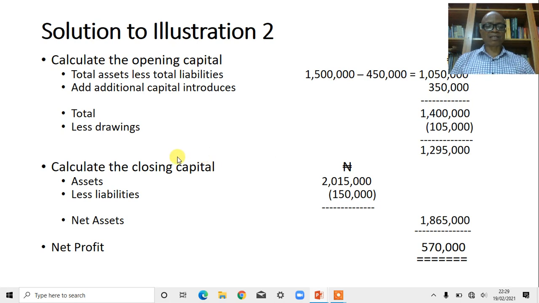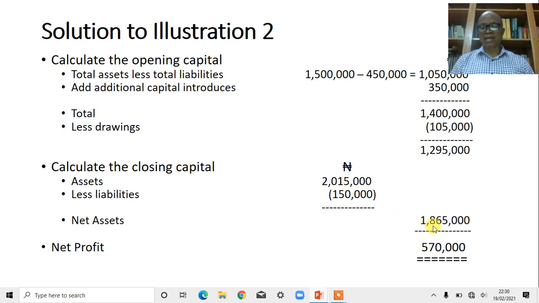Now let's begin to look at the closing capital. The closing capital is assets, and that's what we have here, then minus liabilities, which is 150,000 naira. By the time you deduct the two, we have 1.8 million.